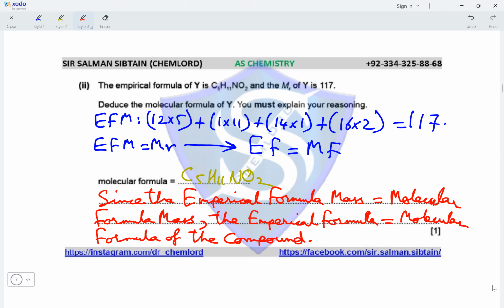And this is the explanation of why the empirical formula C5H11NO2 is also the molecular formula of Y, which is C5H11NO2.